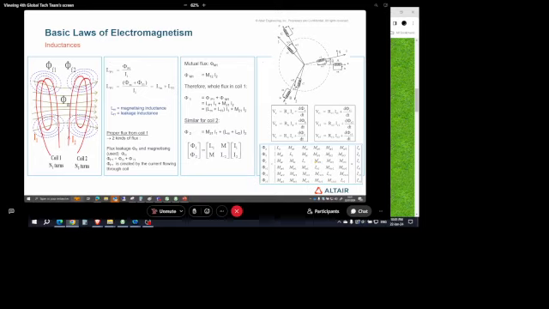Okay, so in the case of a rotating machine, this flux will be depending on the mutual on the stator. This mutual on the stator will be fixed. The mutual between the rotor coils will be fixed, but the mutual between the rotor phases and the stator phases will be varying, and it will depend on the rotor position.